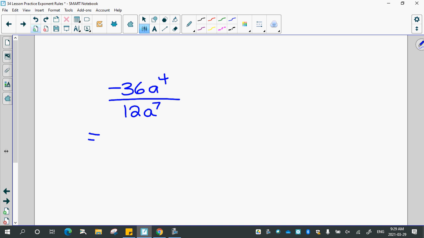First step. Yep. I got negative 3 and then a to the power of negative 3. Perfect. And then last step. Negative 3 on top, a to the power of 3. Good. Okay, our last one, we'll do a brackets one.